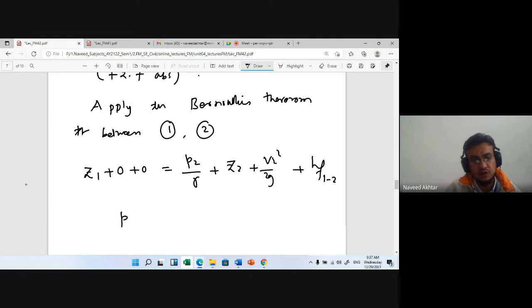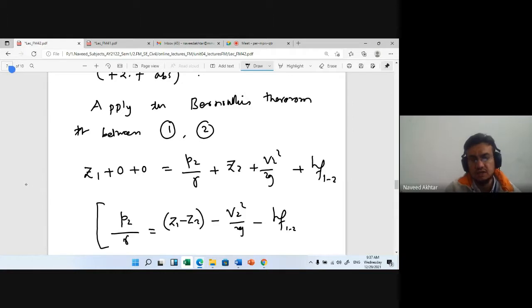So this P2 upon gamma will be Z1 minus Z2 minus V2 square upon 2g minus the head loss from 1 to 2 section. So this is nothing but the introduction of the concept of siphon.